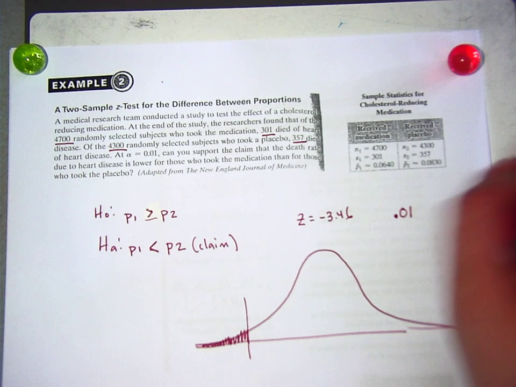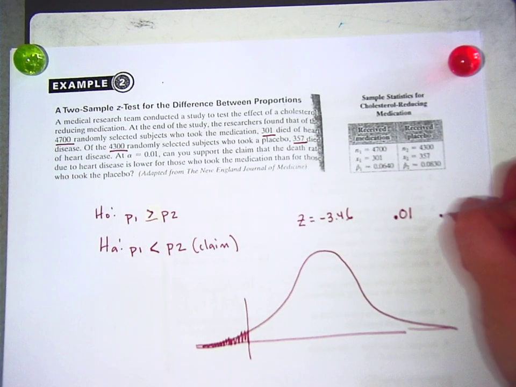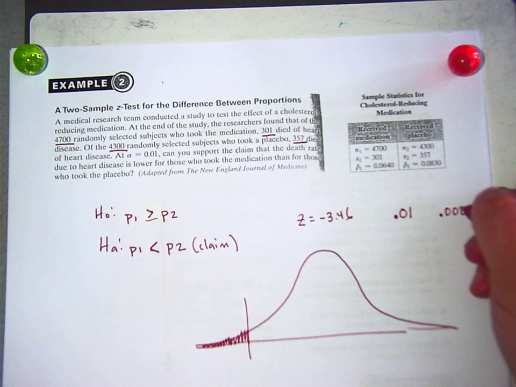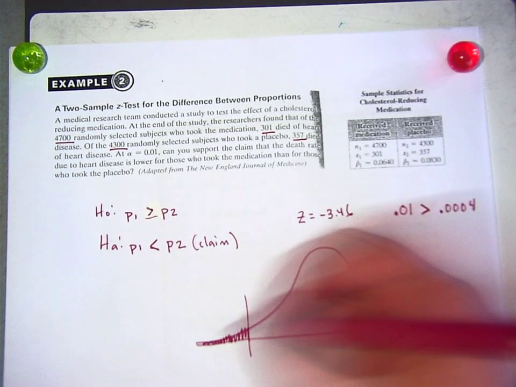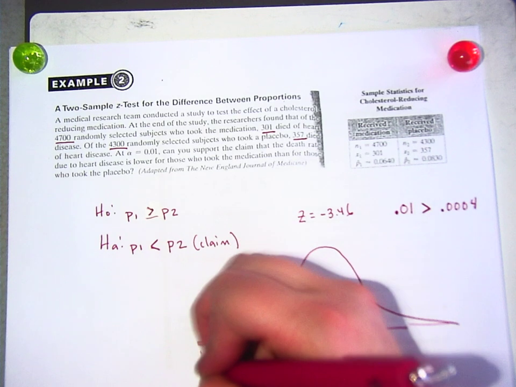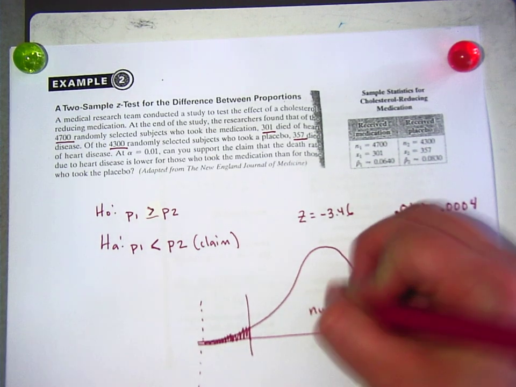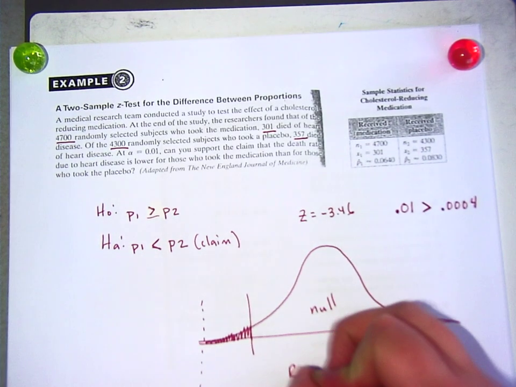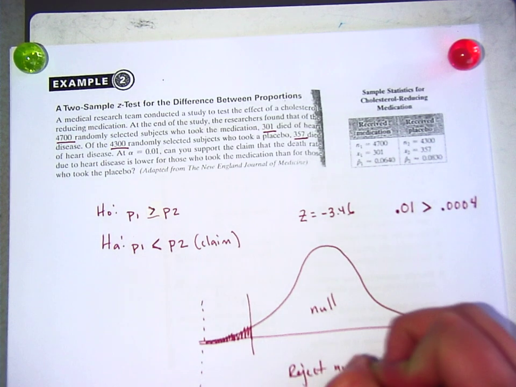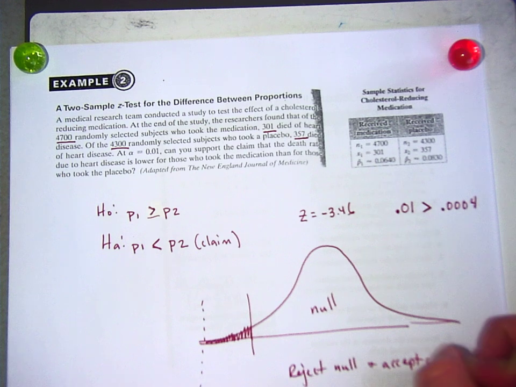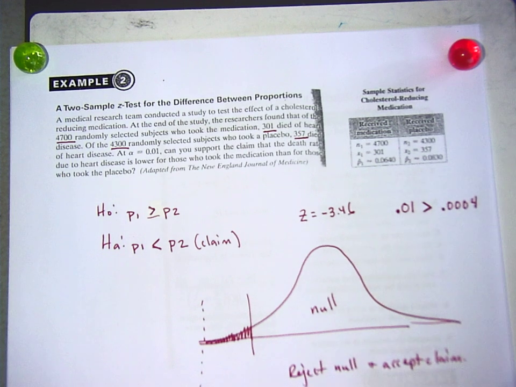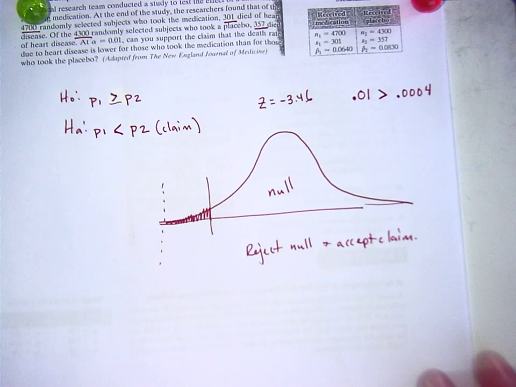That means moving the decimal place 4 times, so it would be 0.0004. And obviously that's the smaller one, which means it's falling way over here, which means we reject the null and accept the claim that the medicine essentially works, that fewer people die when they're on this medicine.